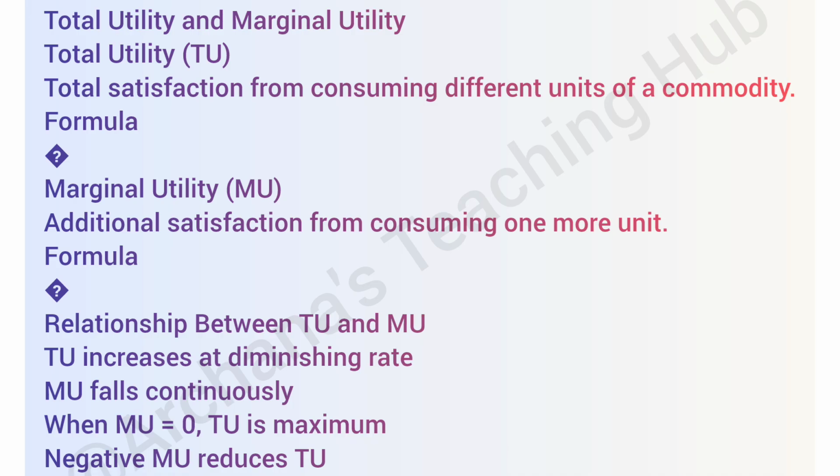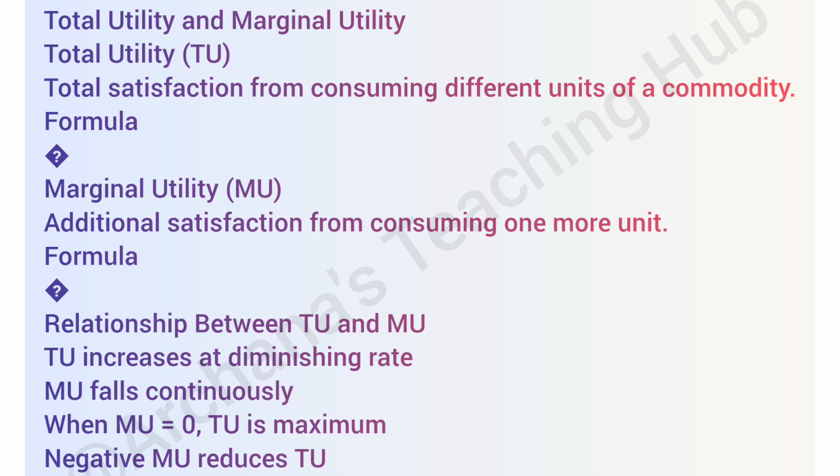Total utility, TU, is total satisfaction from consuming different units of a commodity. Formula: TU is equal to sigma MU, meaning marginal utility. Now marginal utility, MU, is additional satisfaction from consuming one more unit.